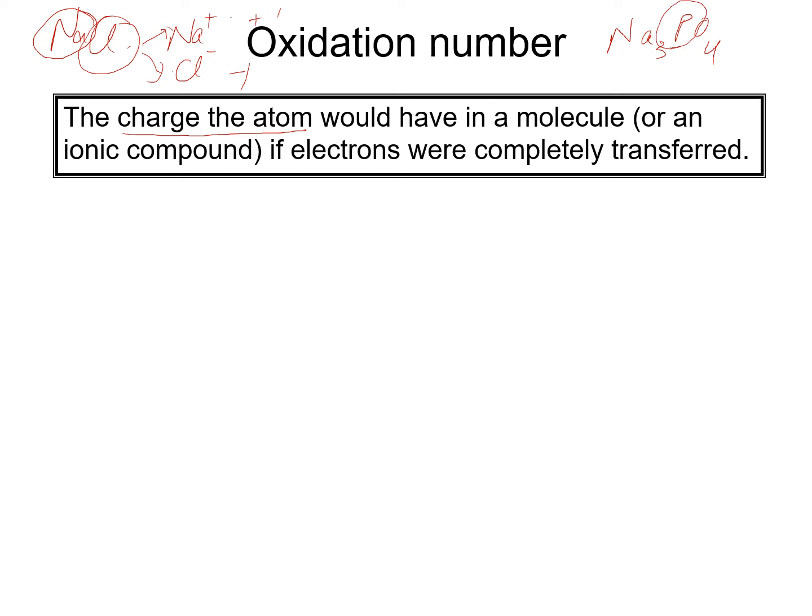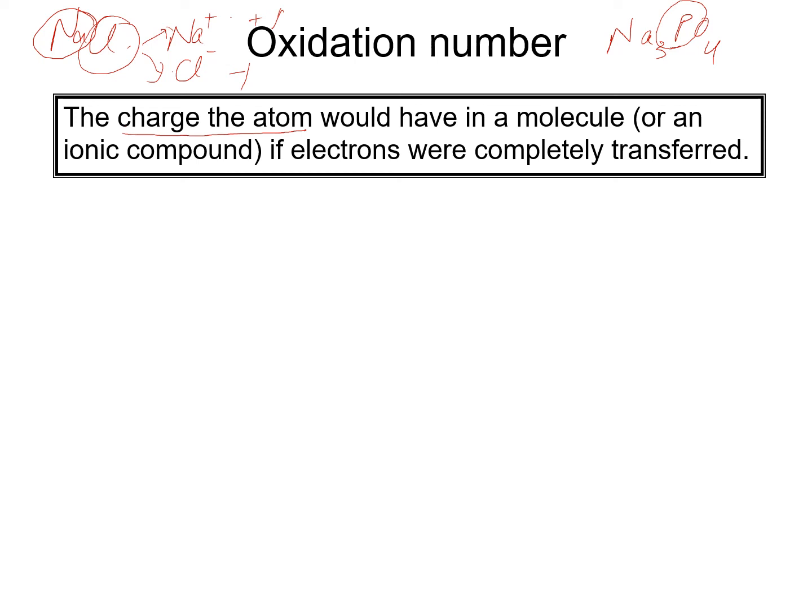Certain compounds are easy to break apart, but for others it's a little more tricky to find the exact charge on a particular atom. So how can you identify the charge on those atoms? We are going to follow a set of rules. I'll show you the rules right now, and we are going to follow them step by step. Don't skip any of these steps, and make sure you follow them in order to get to the correct answer that we want.